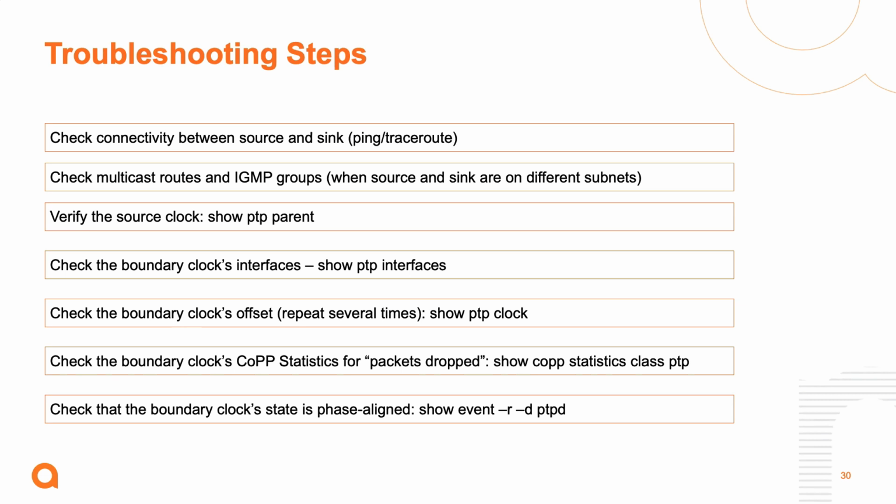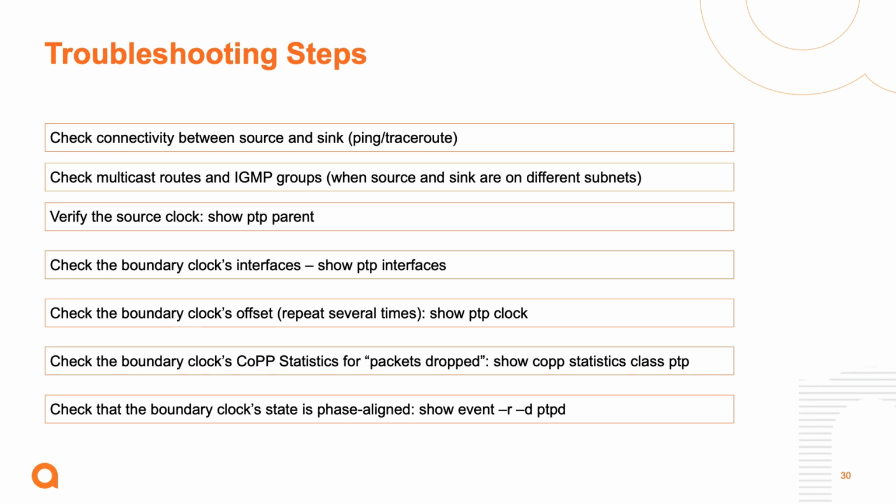Check all the boundary clock's interfaces, and the same would apply to a transparent clock, by using the show ptp interfaces command. Then check the boundary clock's offset and repeat that several times. Use the show ptp clock for that.